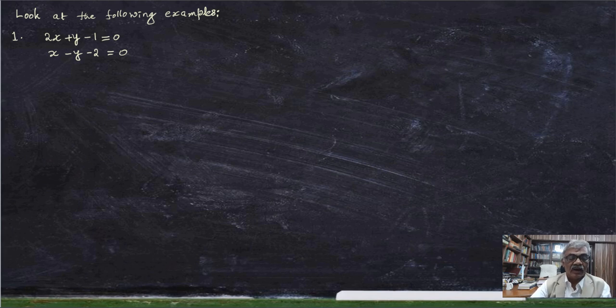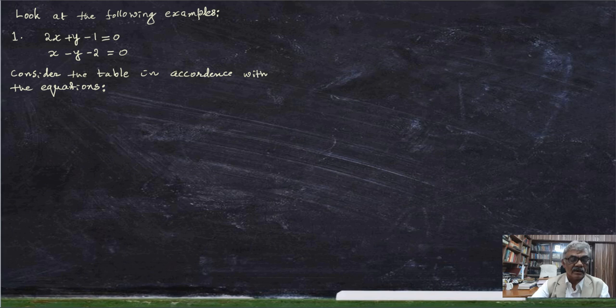Look at these examples: 2x + y - 1 = 0, and x - y - 2 = 0. For these two linear equations, I consider tables in accordance with the equations.